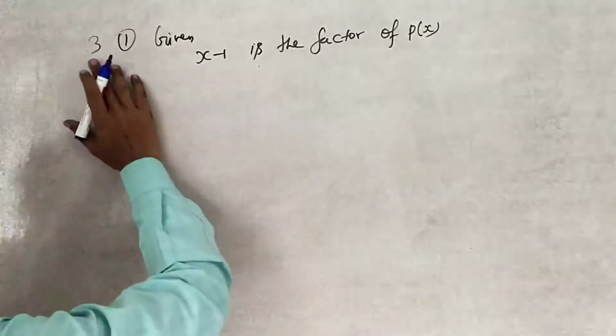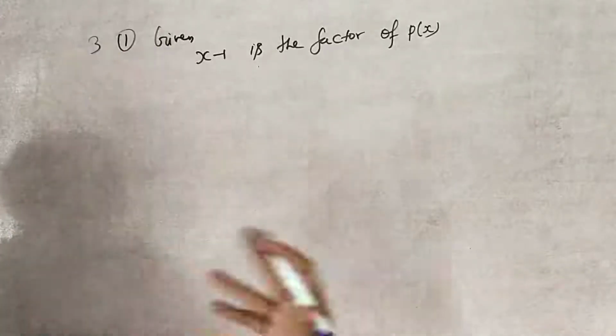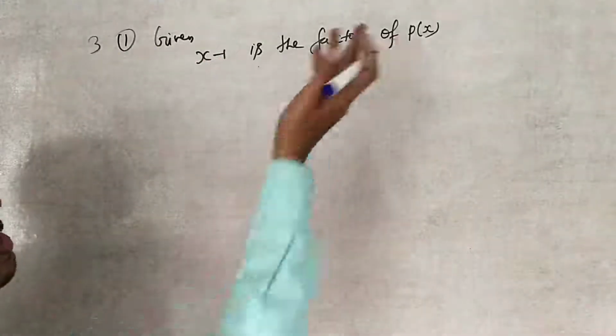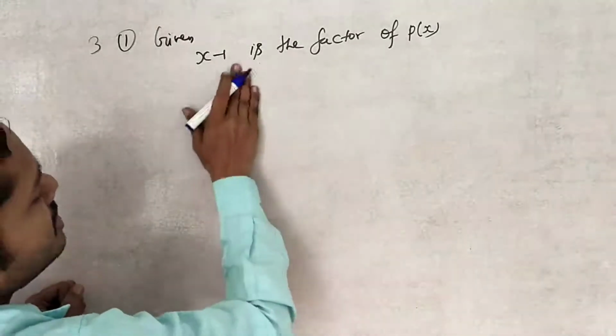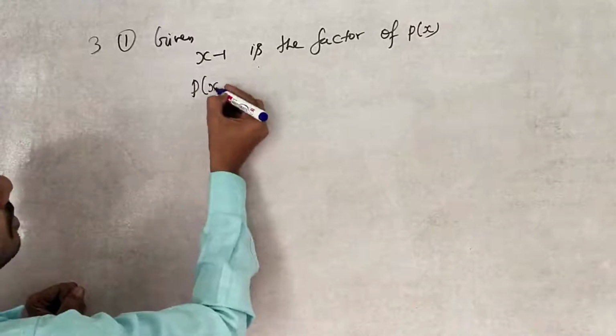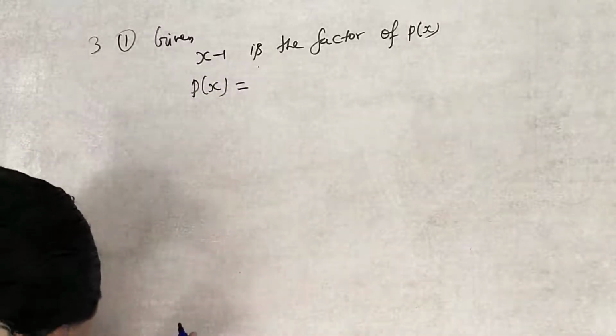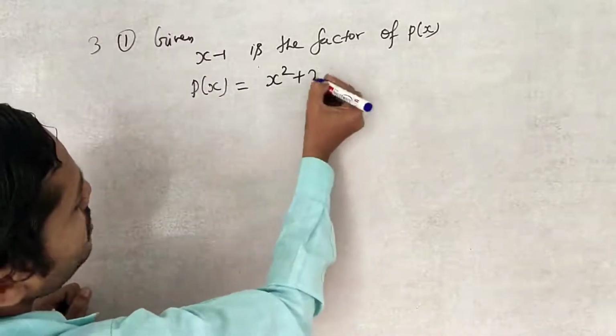Now listen, according to question number 3, given the information, x minus 1 is a factor of p(x). So just think, what is p(x)? Question number 1, p(x) is given as x square plus x plus k.